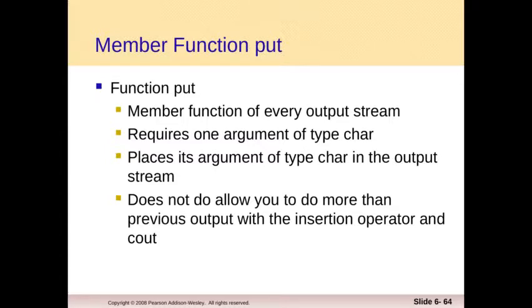Because when I feed, for example, a space or a tab or a new line to the insertion operation, then that happens on the output. That's not silently eaten or dropped or anything, not as is the case for the extraction operation. So, the takeaway from this is that the get member function is more important for us at this time than the put member function, because it allows us to do something that we previously weren't able to do, whereas the put member function doesn't really allow us to do anything that we weren't also able to do before.